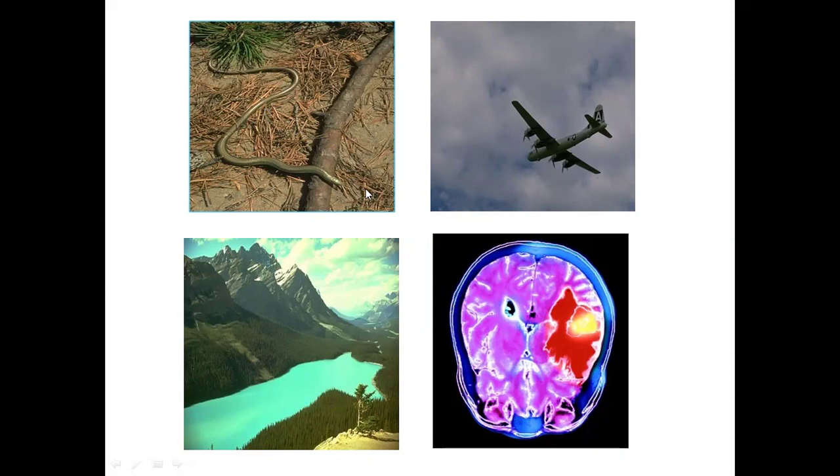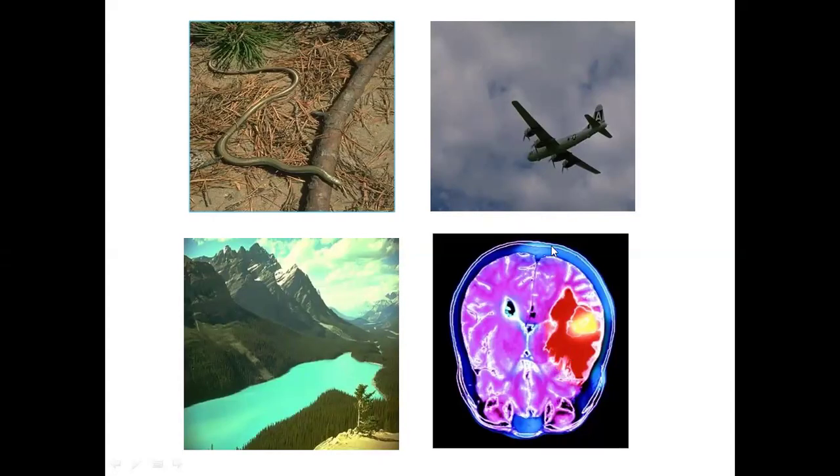In this image, you can consider this snake as an object. Similarly, in this image, apart from the sky, you can consider this particular flight as an object. Similarly, in this image, this particular river can be considered one object.